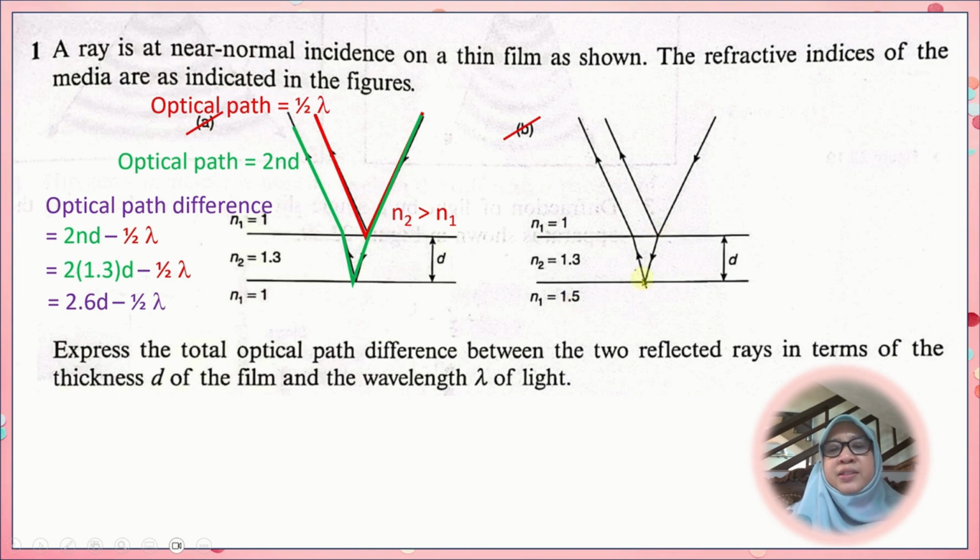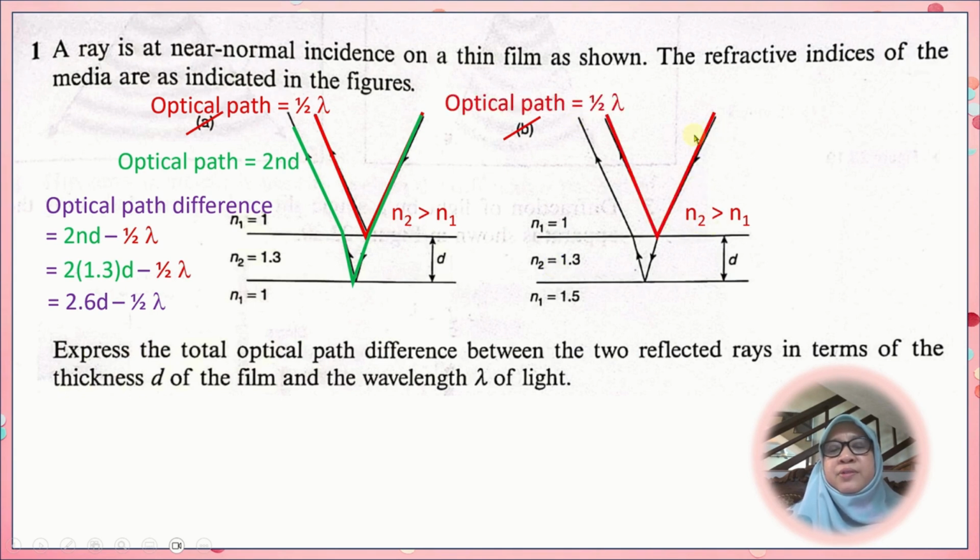The ray is reflected at the interface where the medium 1.5 is denser than 1.3. So n2 is larger than n1, it's denser.